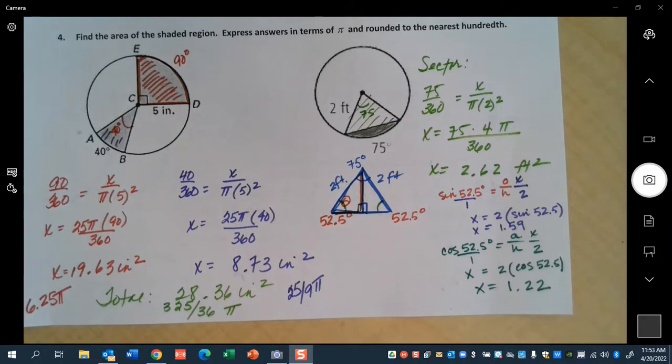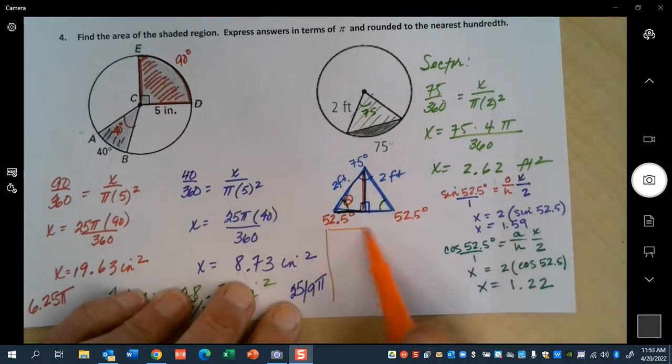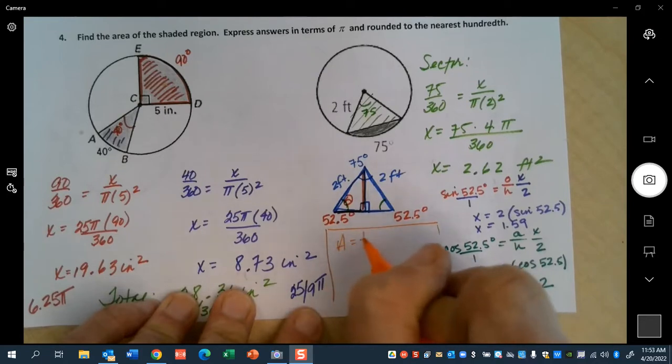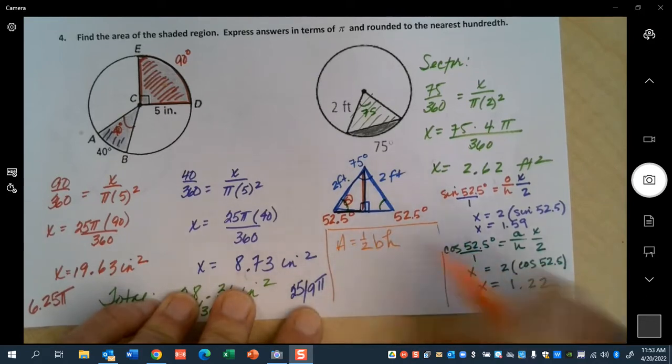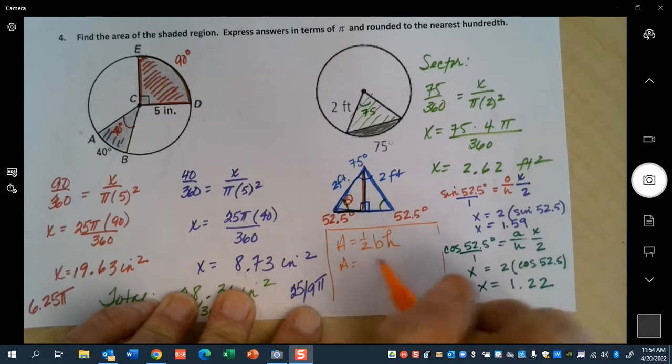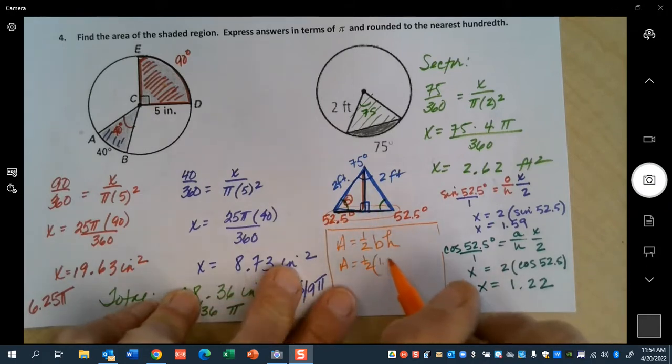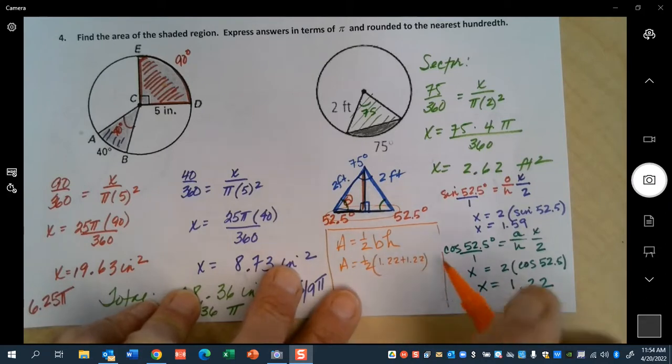So when we go to find the area of this triangle, and I'm going to draw a little box so you can see where I'm working, my area is 1/2 times my base times my height. My base is these added together. So 1.22 plus 1.22. Anybody think that's a silly thing to go through doing? What?